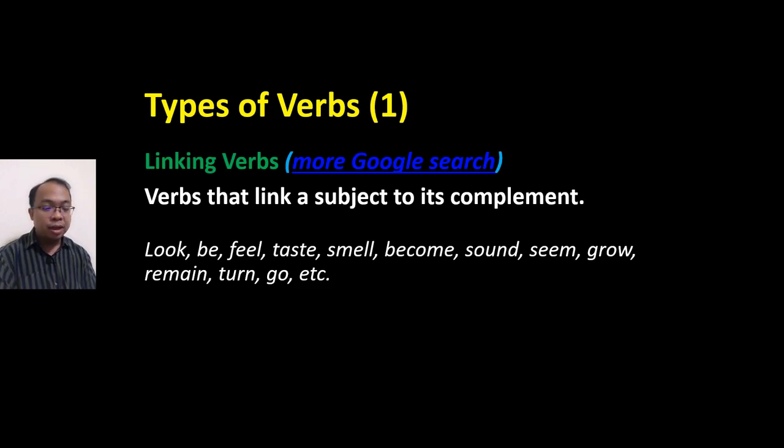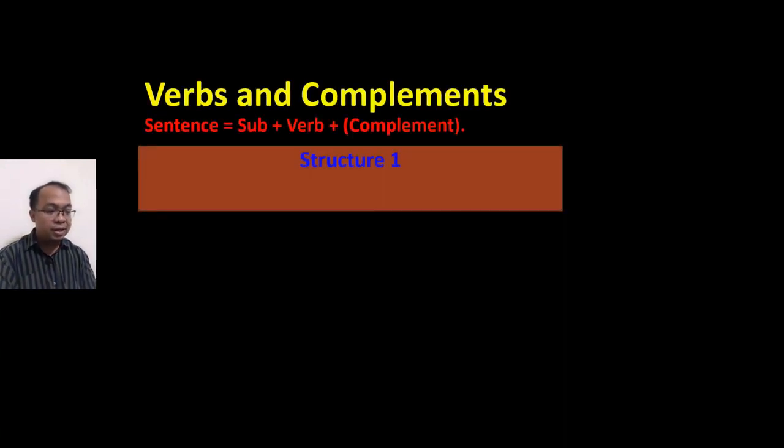Okay, so look, be, feel, taste, smell, become, sound, seem, grow, remain, turn, go, so this is how we translate all of these linking verbs into Khmer language, and be careful, and I will give you some examples, and we will try to do the translation all together into Khmer language. All right, now let's see some examples.